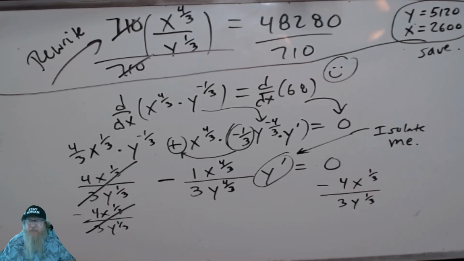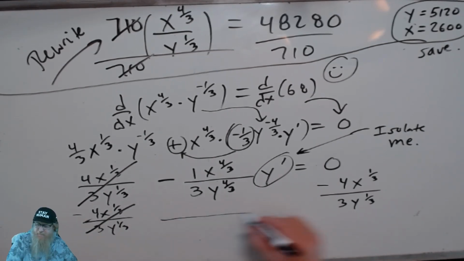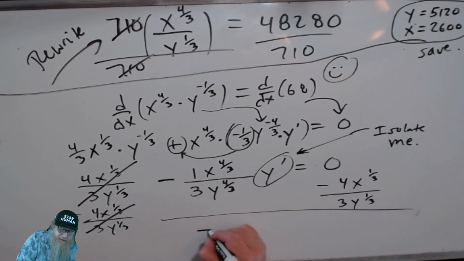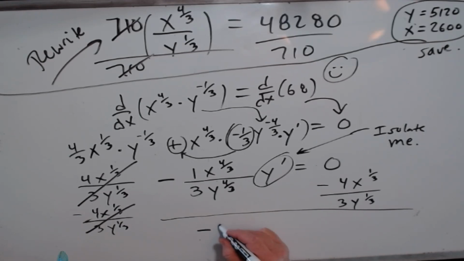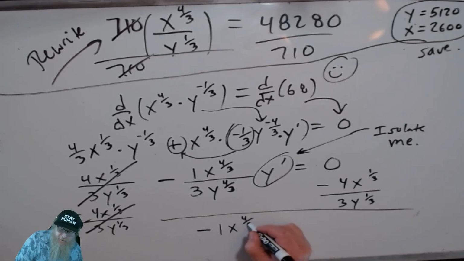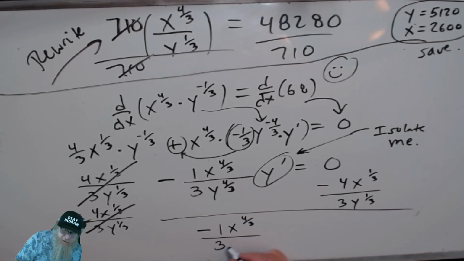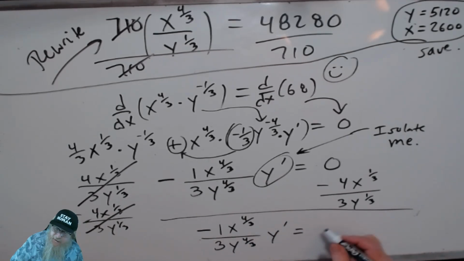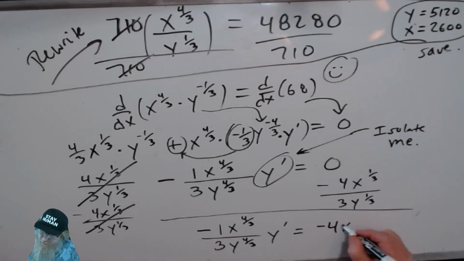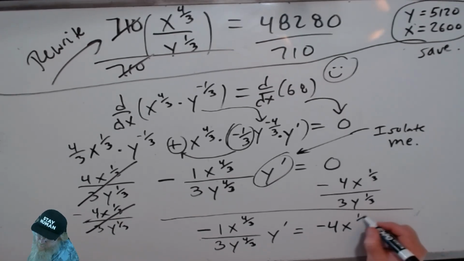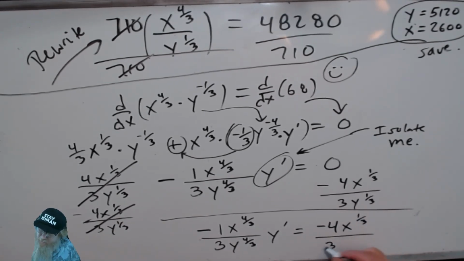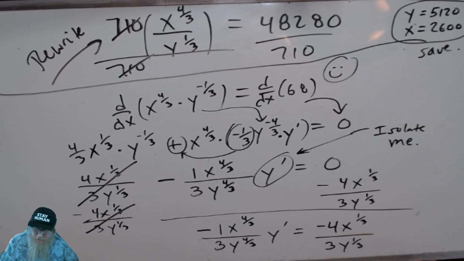Cancel those guys. So now I've got negative 1x to the 4/3 over 3y to the 4/3 y prime equals negative 4x to the 1/3 over 3y to the 1/3.